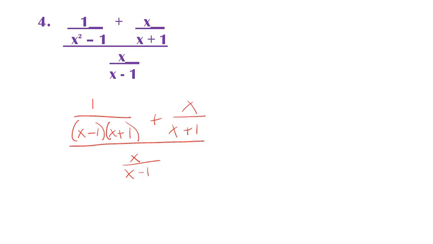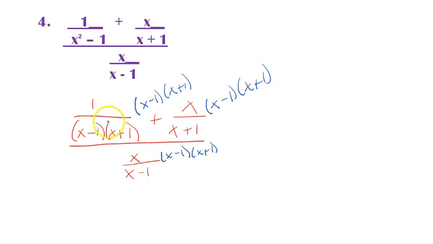So now I can decide what my common denominator would be, and remember that it has to cancel out everything. So in this case, that would be x minus 1 and x plus 1. So I'm going to multiply everything by that. And cancel what I can. So I have x minus 1's canceling and x plus 1's.